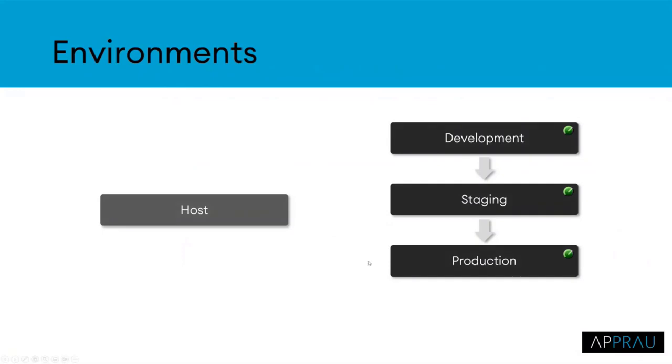Okay, so this is a typical example. To set up the pipelines, you need a host environment. I'll talk to you a bit about that. The host environment is not your development, staging, or production. It's a completely separate one, purely for managing the pipeline process.